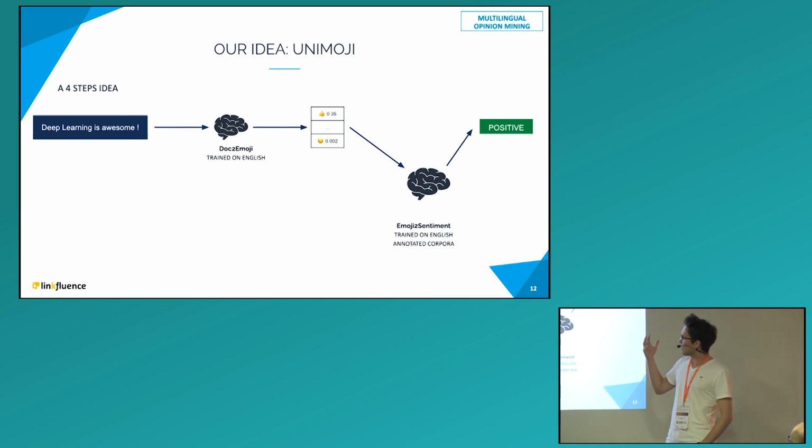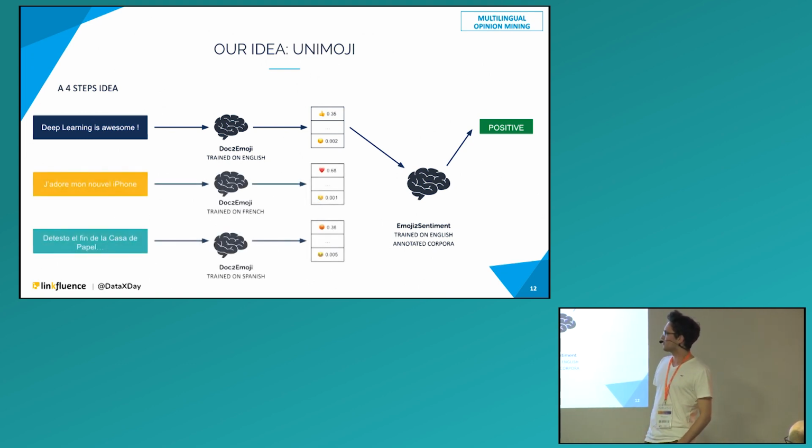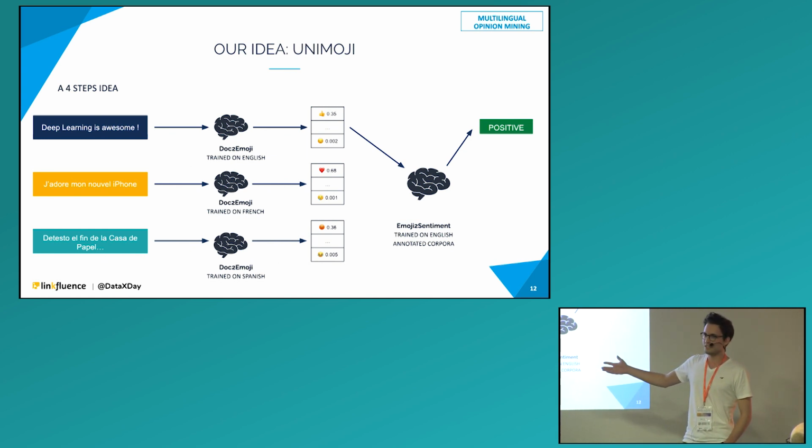So now we did that. Imagine that it's really easy for us to retrain some models on French language, Spanish language, to output emoji probability distribution based on the corresponding language.